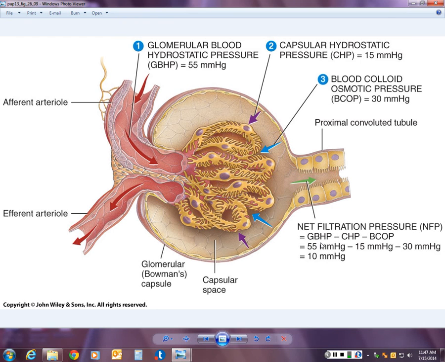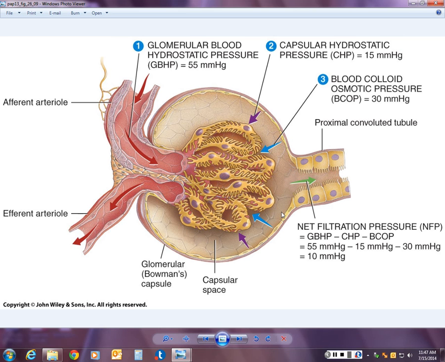So you have to force enough fluid out of the glomerulus into the capsular space per given unit of time in order to maintain proper kidney function. Like I said, the amount of fluid forced out per unit of time, we refer to as glomerular filtration rate, and you'll probably hear me refer to it as GFR from here on out because that's a short acronym for it.